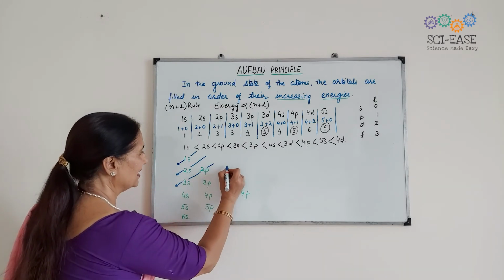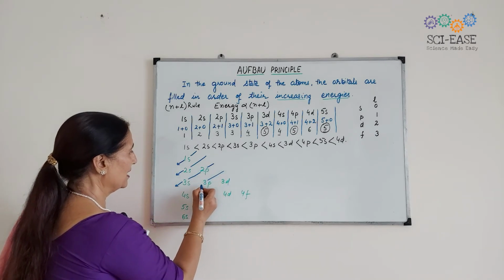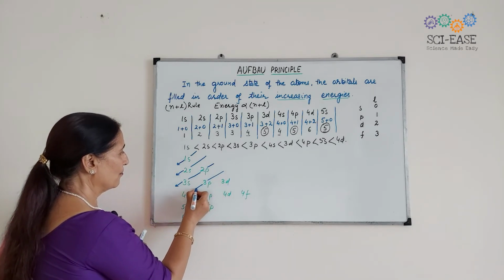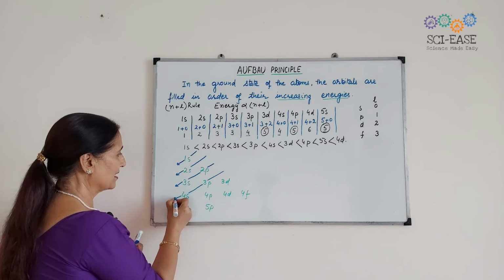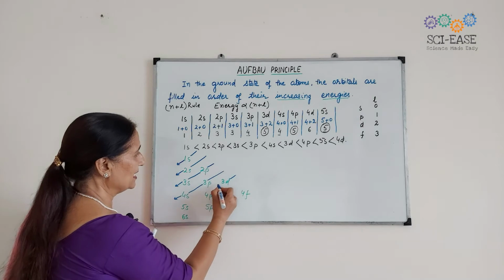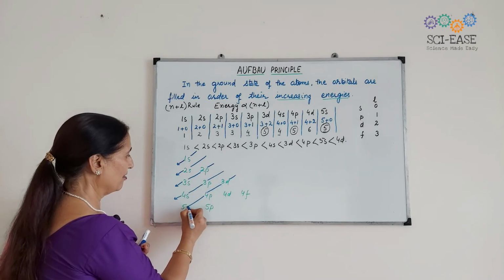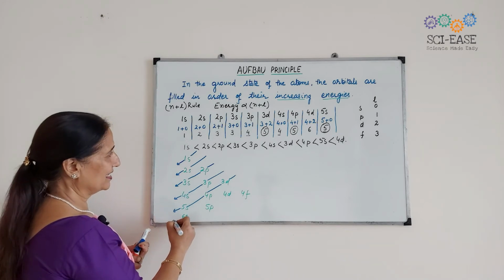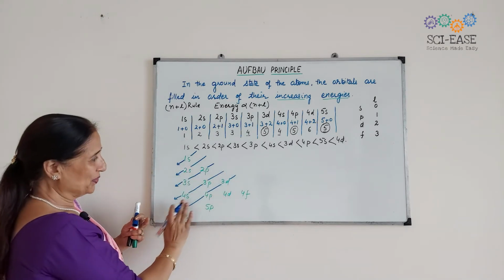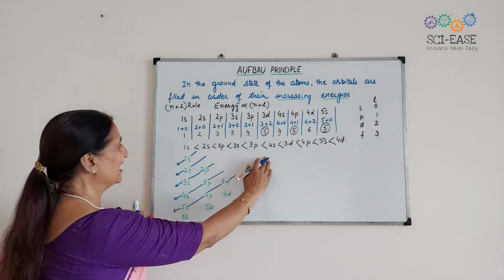Then it will go like this and 3p, 4s, okay, then 3d, 4p, 5s. You can see the sequence will be like this only.